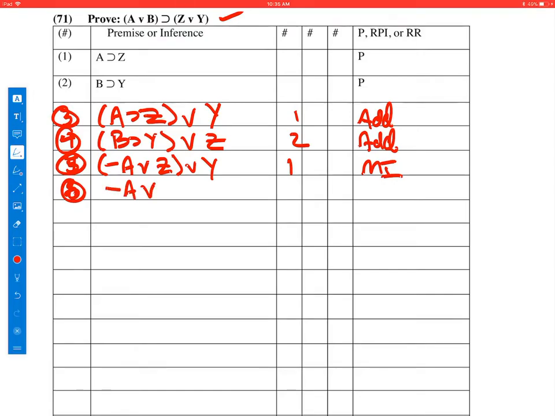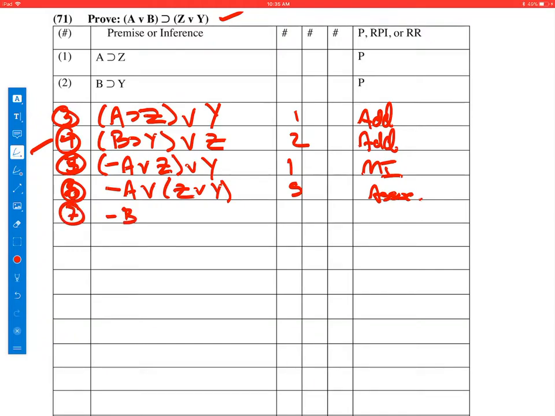And then what I want to do, I'm going to keep working with this one right now, is I'm going to move the brackets to not A or Z or Y. And this is from 5 by associativity. Okay, that's good enough for that.